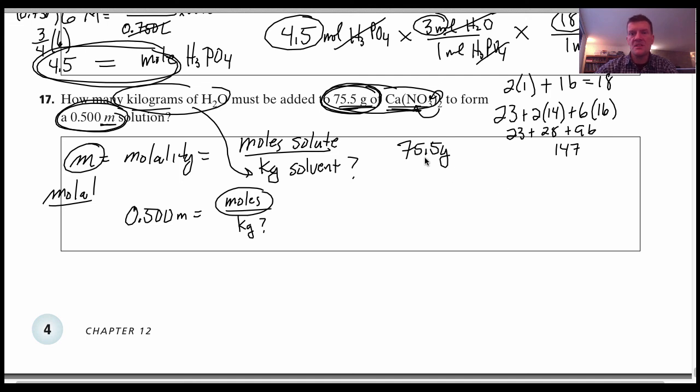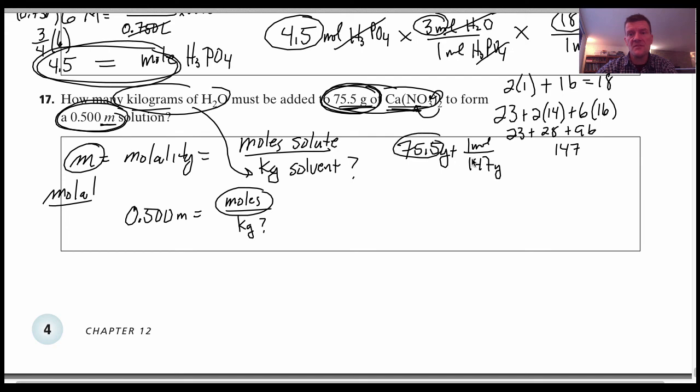All right? So this is 75.5 grams, and for 1 mole of this calcium nitrate, it's 147 grams. Well, that's about double, right? If I double 70, I get 140.